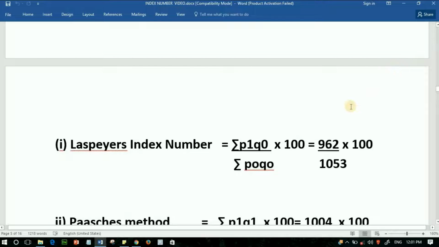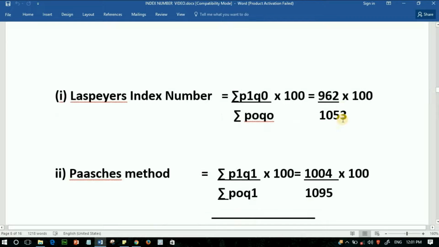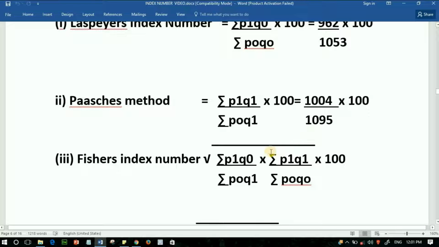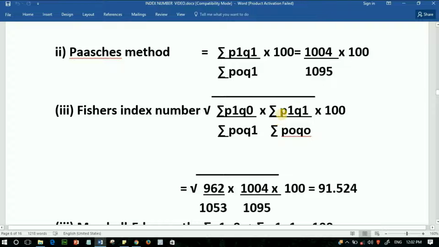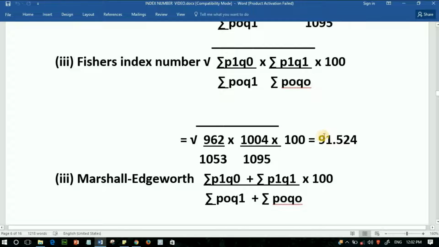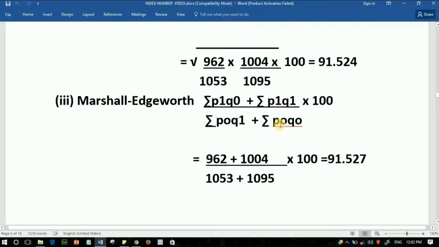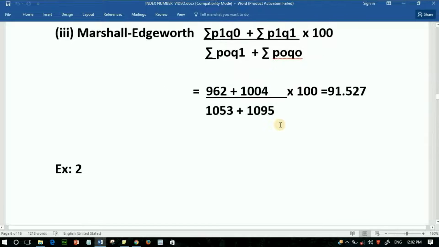For Laspeyres we get 962 by 1053 into 100. For Paasche's method, we simply apply the formula. And for Fisher's index number, we take sigma P1 Q0 by sigma P0 Q0 into sigma P1 Q1 by sigma P0 Q1, take the square root and multiply by 100. So the answer is 91.524. Marshall-Edgeworth, similarly applying the formula, we get 91.527.